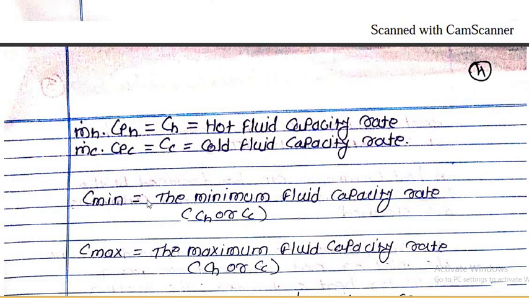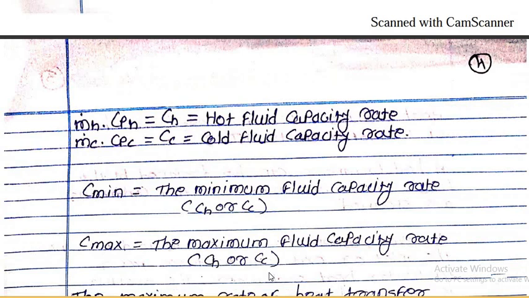So C minimum is the minimum fluid capacity rate out of CH or CC. The other one will be C max, the one whose value is more. So C max is the maximum fluid capacity rate out of CH or CC.